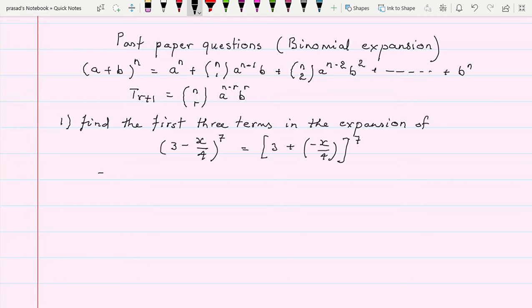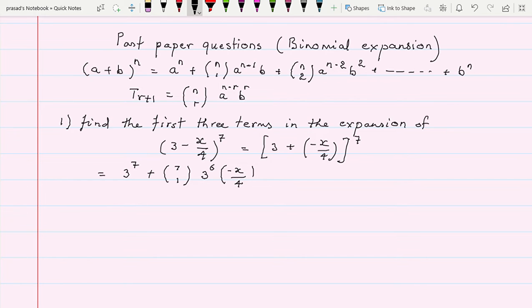So the first term will be 3 to power 7 plus next coefficient will be 7c1. What will be 3's power here? Tell me. Yes, 1 less. That is 3 to power 6. And you'll introduce negative x upon 4 here.